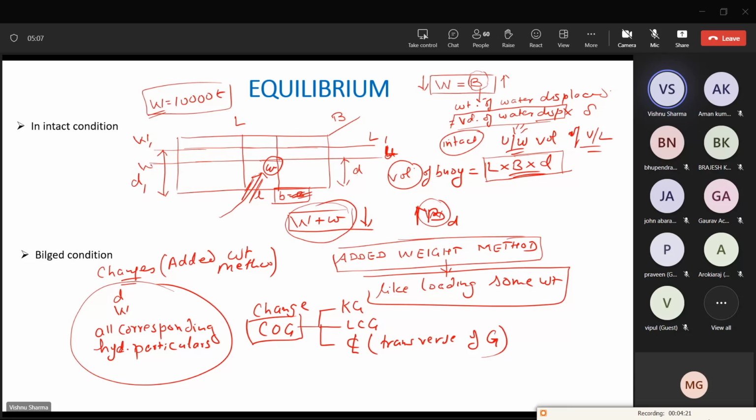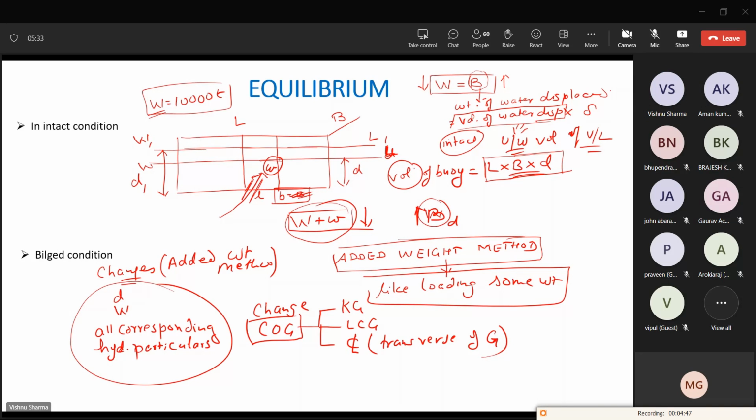Anybody has any doubts on it? If you have understood this, then you have understood one method of handling damage stability bilging. That is the added weight method. If you have any questions on the added weight method, let me know. Is this well understood, guys?